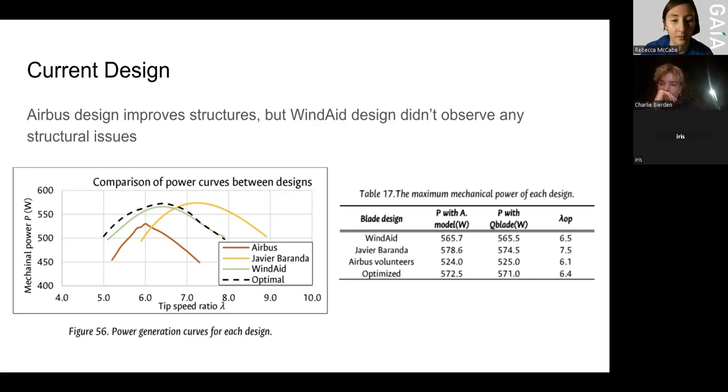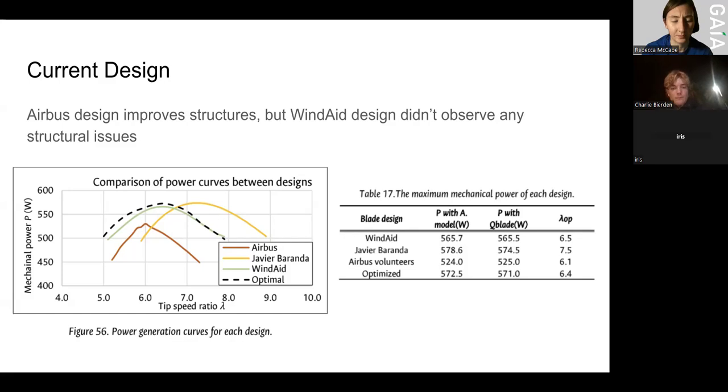In fact, WindAid was initially expecting that there might be a lot of room for improvement in the aerodynamics, but now that we have the data for how their current blade performs, there's not that much room for improvement aerodynamically.